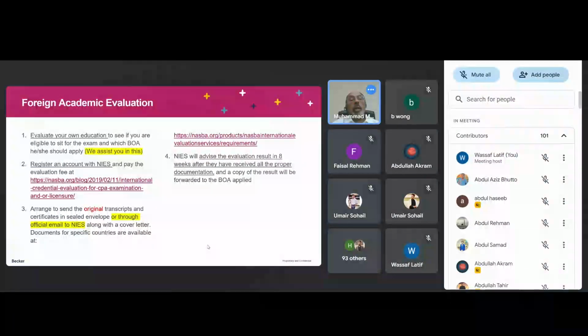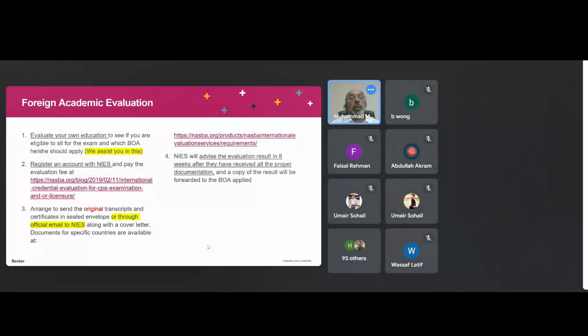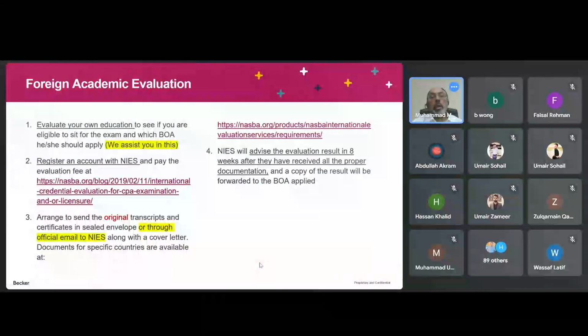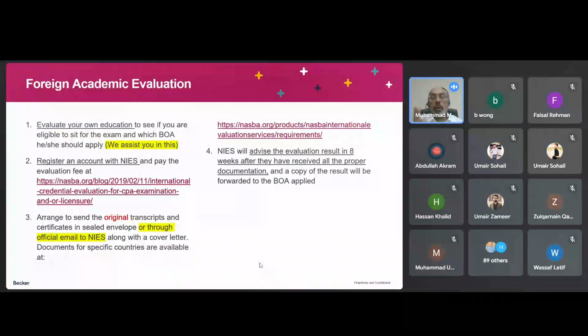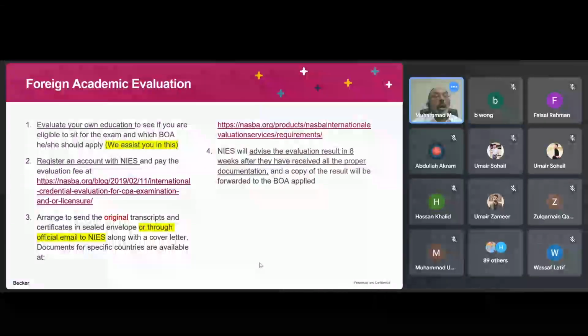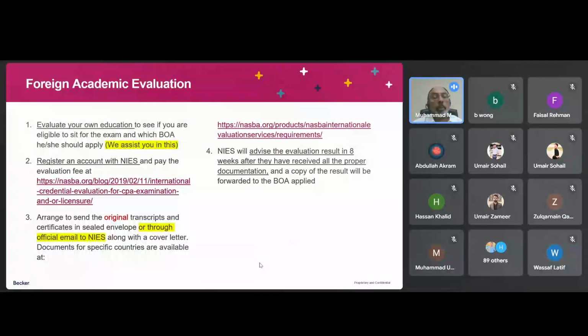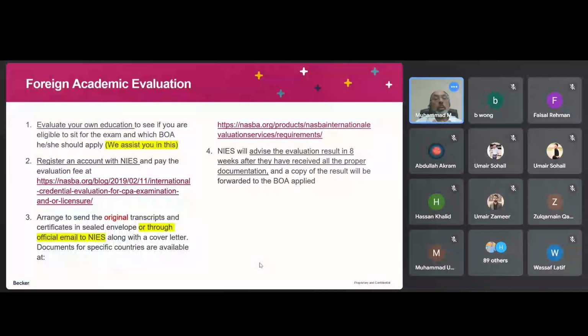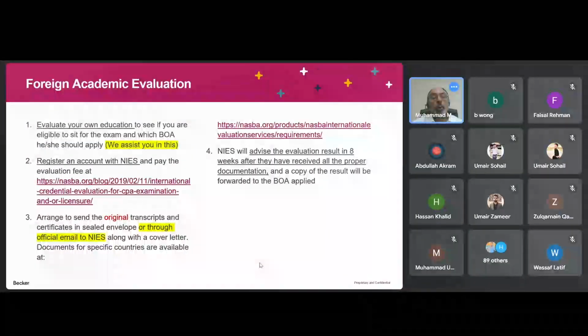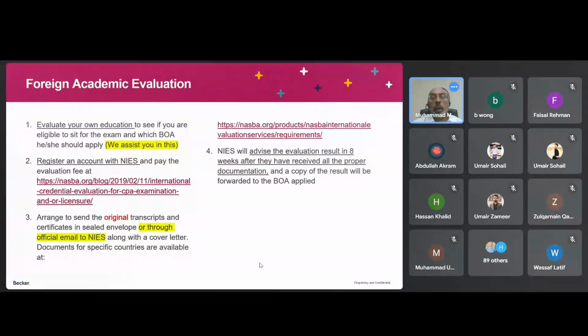Okay. Then for applying, they have to register their accounts at NASBA, the NASBA International Evaluation Services, and the link is provided here. And then they have to send them the original transcript in a sealed envelope or through an official email to NASBA. Some universities in Pakistan are not verified by the Higher Education Commission.